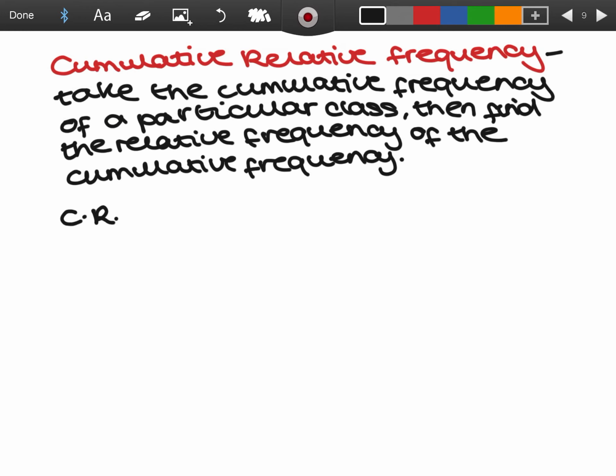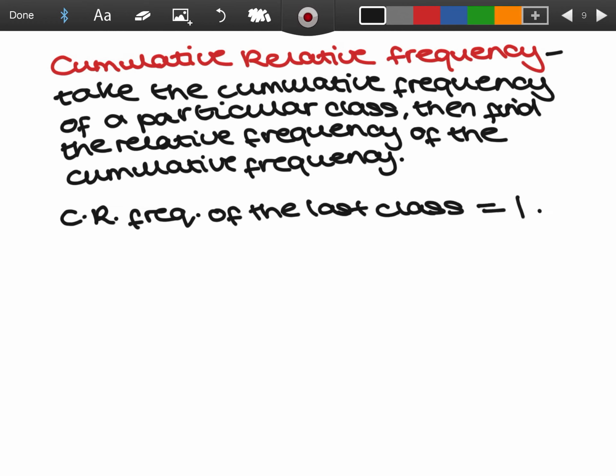And as I said, the cumulative relative frequency of the last class should be 1. Okay.